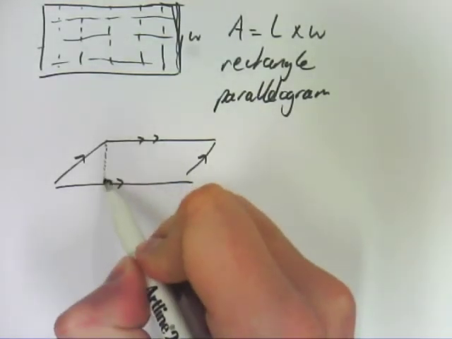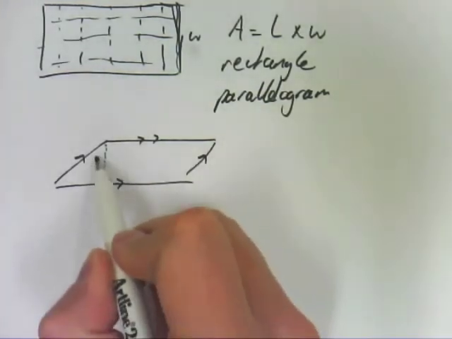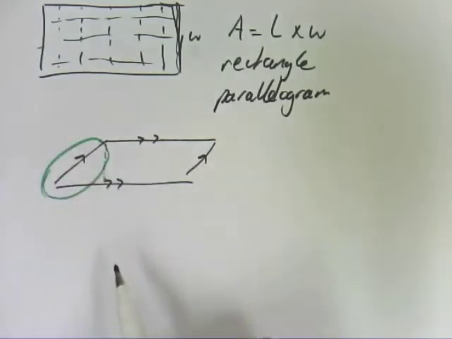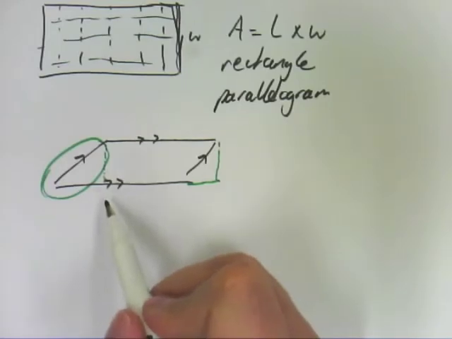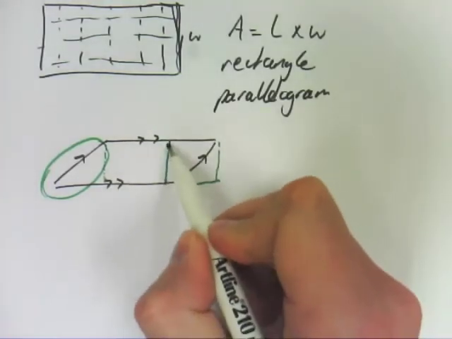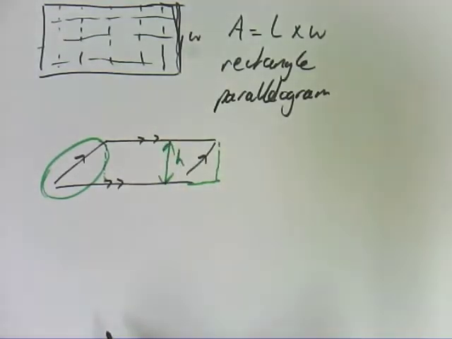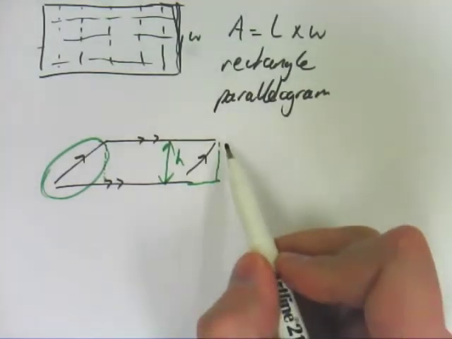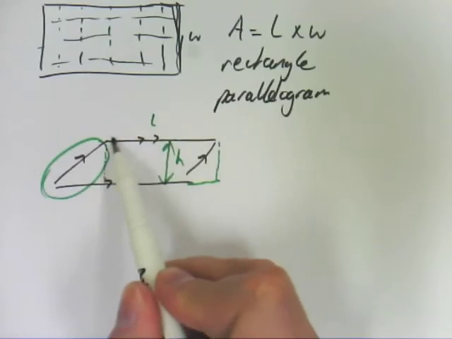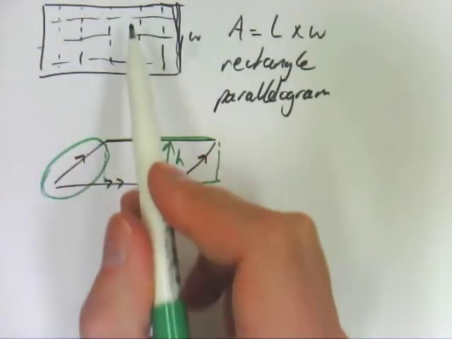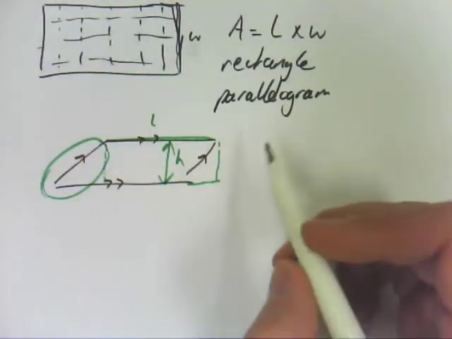If you take this triangle section off here and attach it over here, it's the same area. So if you have the height of your parallelogram, which in our one over here was width, and you have the length, you can work it out.